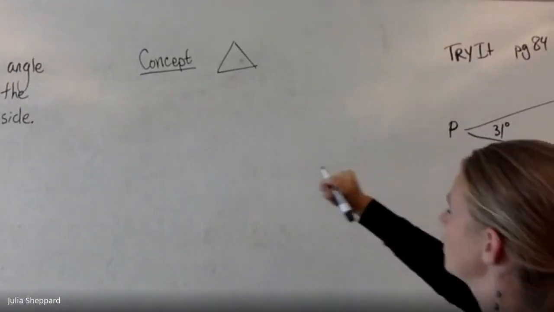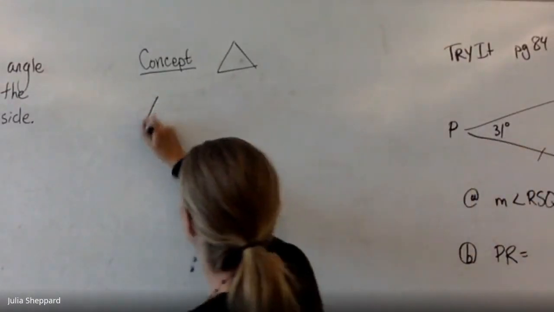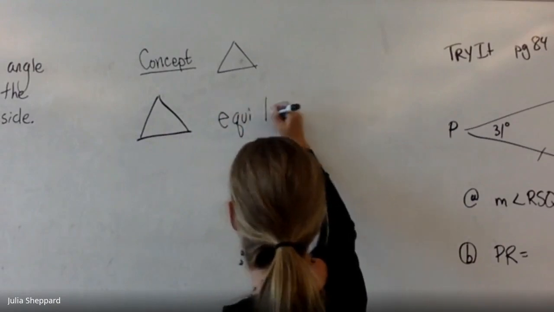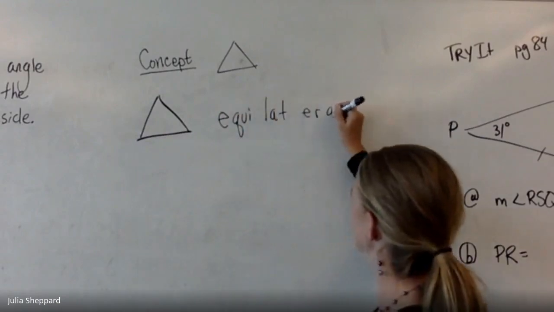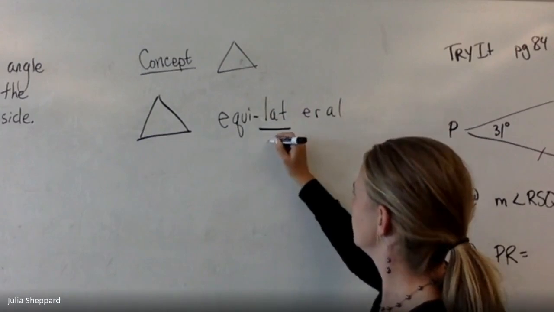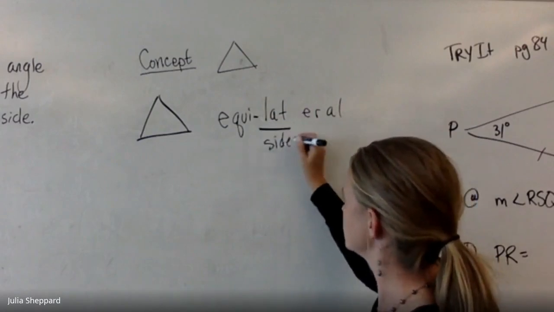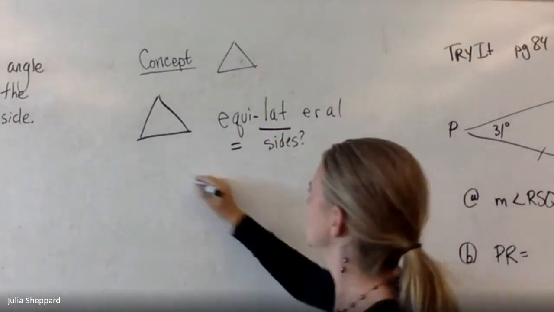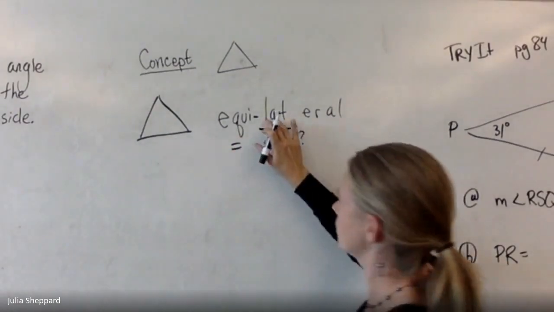Okay. And then here's another concept. This is probably an equilateral triangle. We say equilateral. Lat means like, I think sides. Equal means equal, right? Or length, probably lat is length.